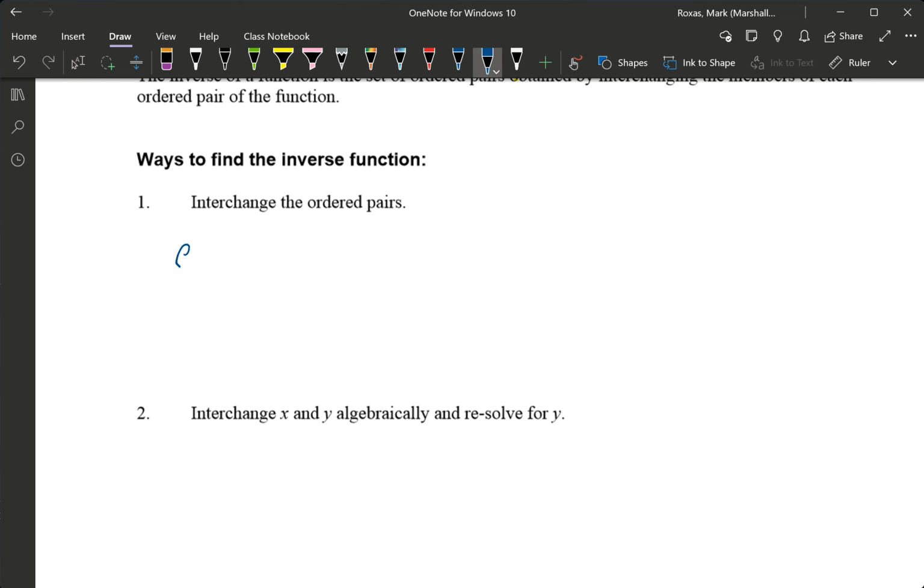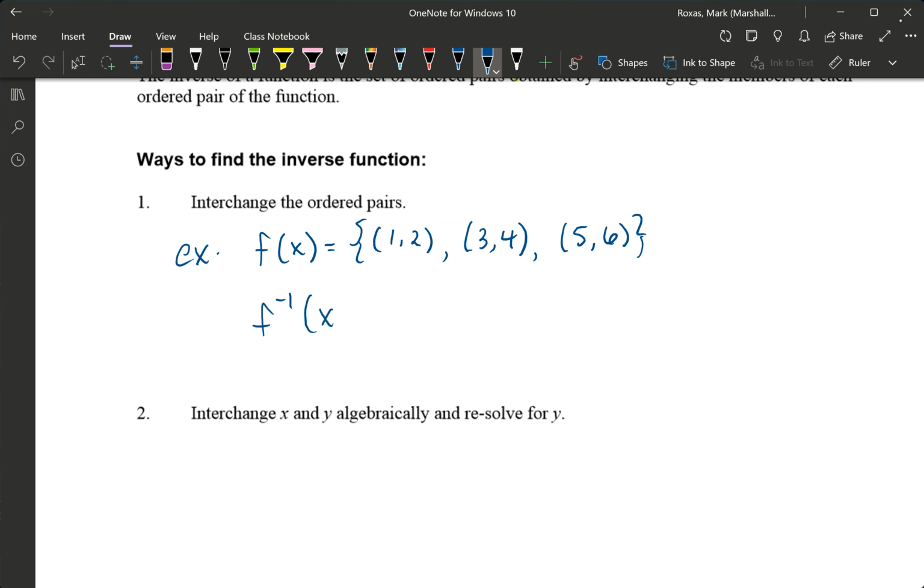For example, if we had a function f of x, and I define the function as just a set of ordered pairs, using set notation with the curly brackets, here are some ordered pairs, x, y coordinates: (1, 2), (3, 4), and (5, 6). The inverse function, and we use this notation, f with a -1 as a superscript, a -1 is a superscript, not an exponent.